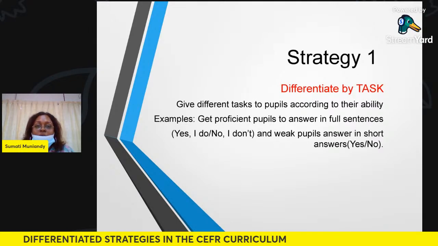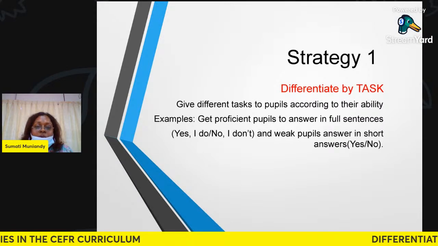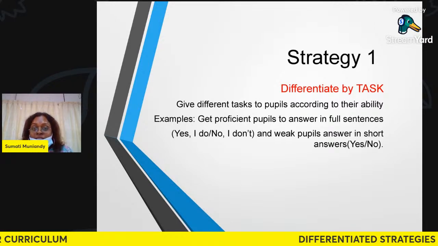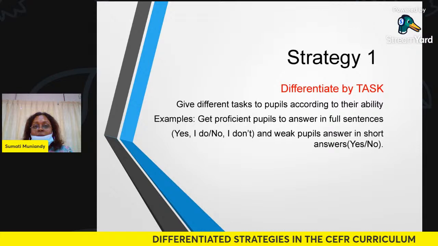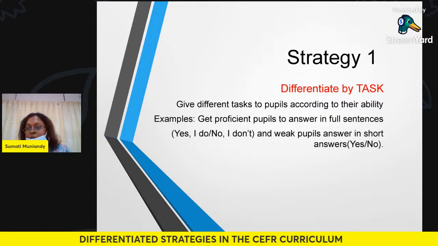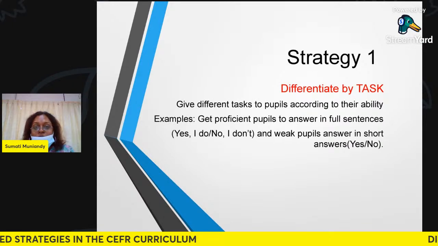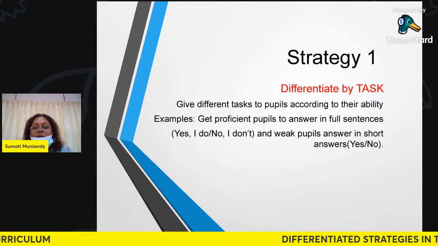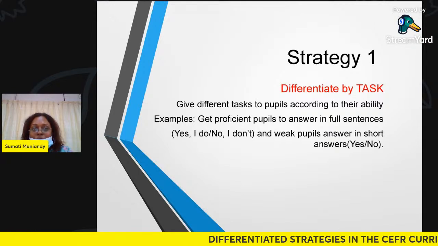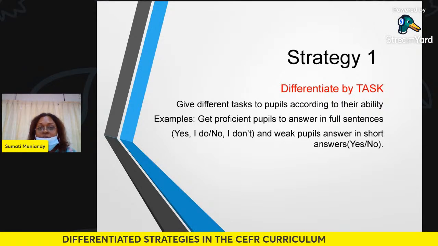Get proficient pupils or high achievers to answer in full sentences, for example, "Yes, I do." You can cater all these according to your students' needs. For weak pupils, maybe they can say "yes" or "no," which is enough. So this is how you should differentiate by task.